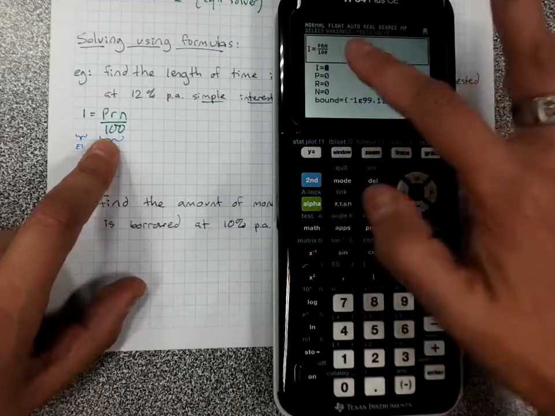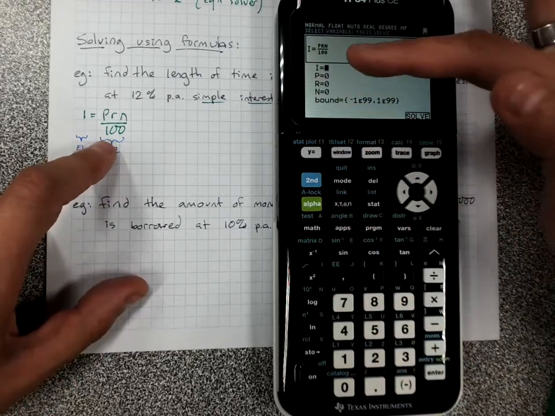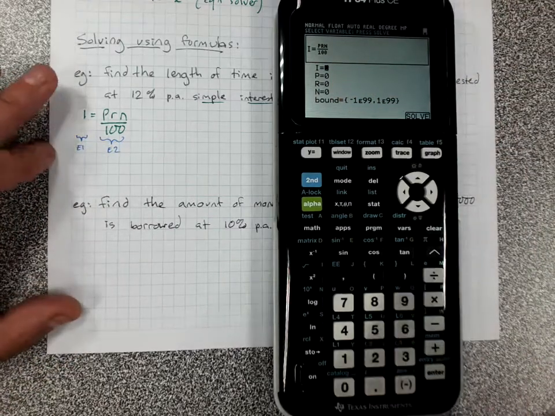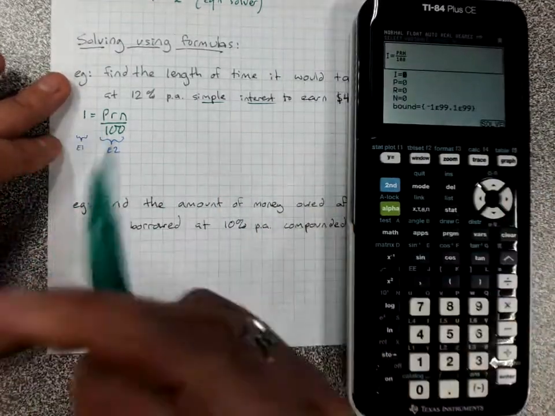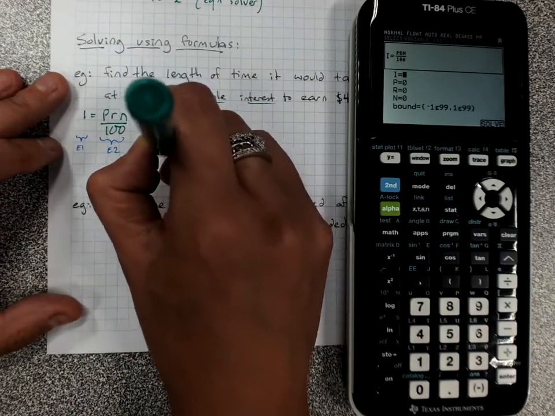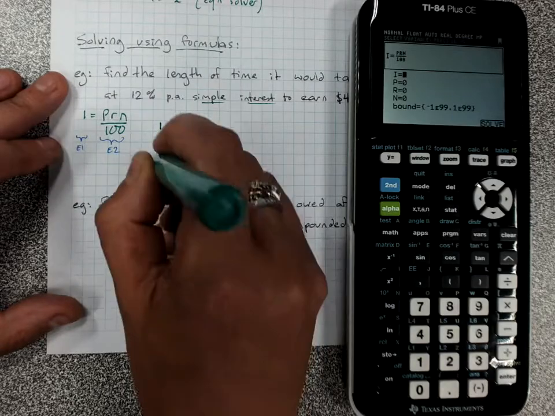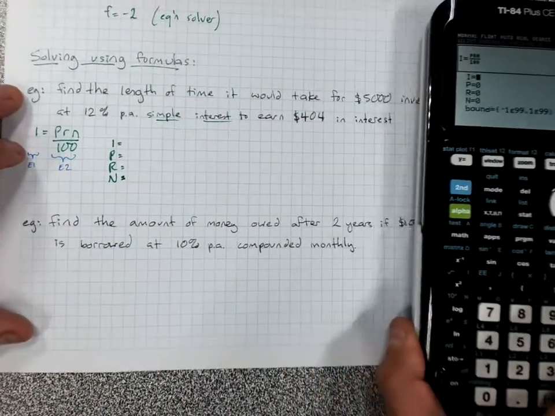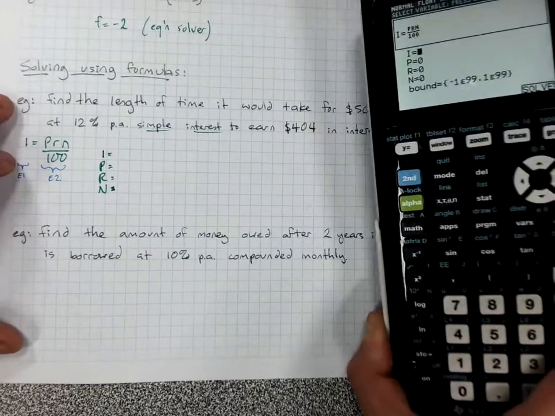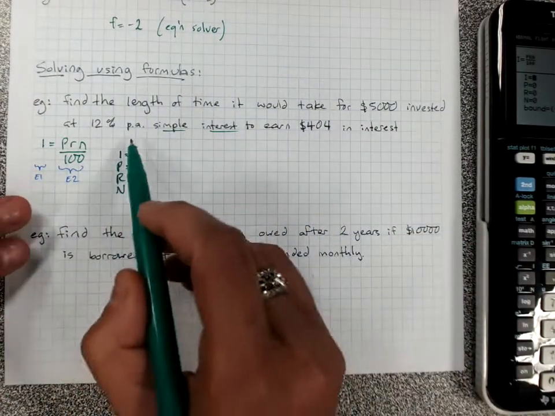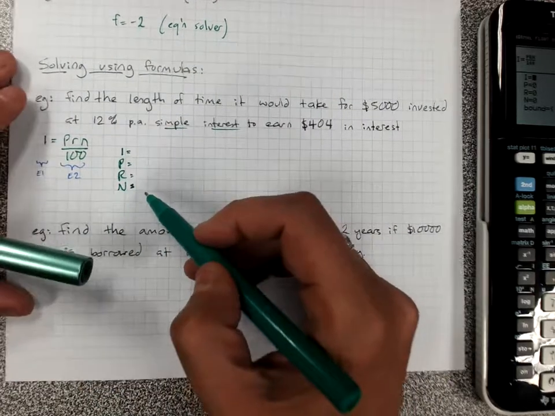Enter. Now, when you enter a formula, it comes up offering you all the things that would go into that formula. You would write I equals, P equals, R equals, N equals. I've been asking you to do this in class anyway. And before we get carried away with our solver, we put the correct numbers in here on paper.